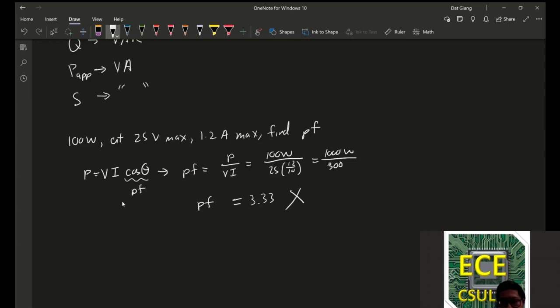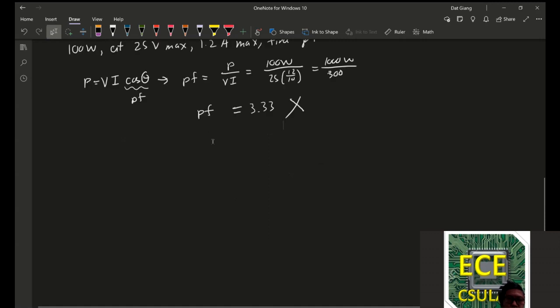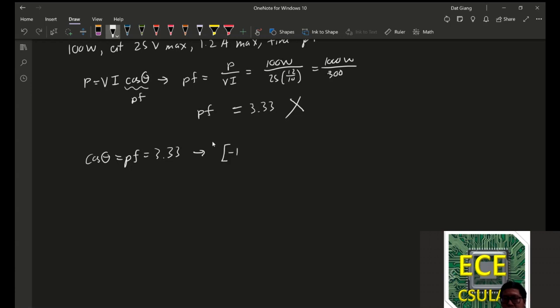So this is invalid. Cosine of theta describes power factor. If power factor is 3.33, this is outside of the range of -1 to 1. So if I asked you to find the angle of this, you wouldn't be able to do so.